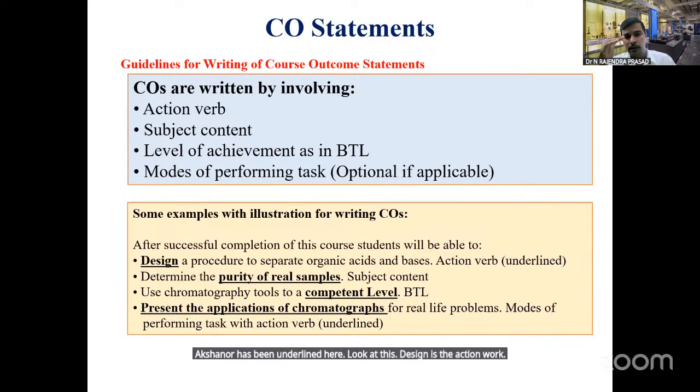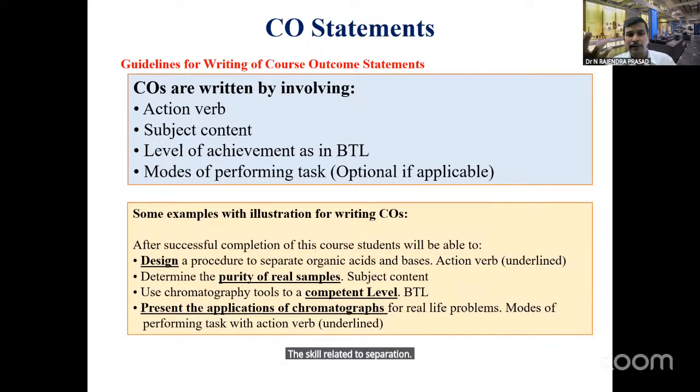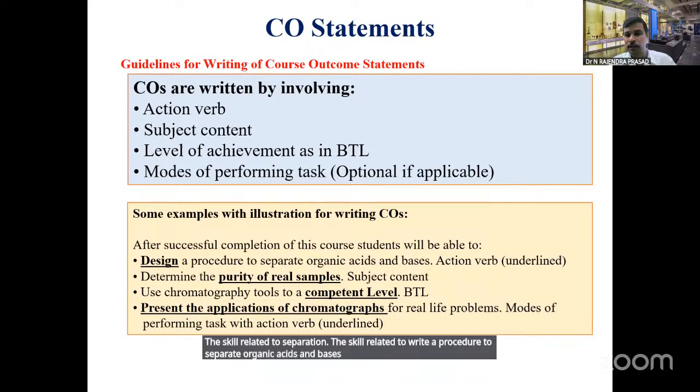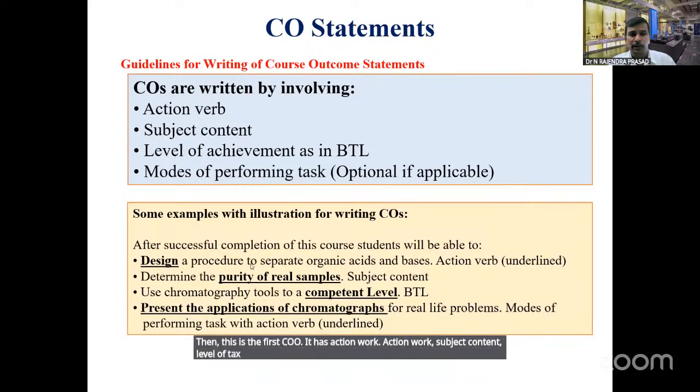If you are given a mixture of acids and bases, the student will be able to separate them. The skill related to separation, the skill related to writing a procedure to separate organic acids and bases, you will acquire. That is the course outcome. Then this is the first CO. It has action verb, subject content, level of taxonomy, and modes, everything is here.